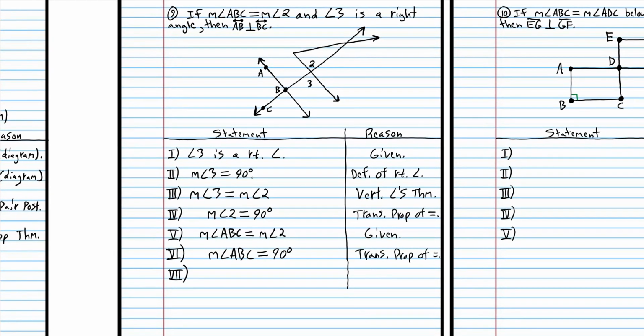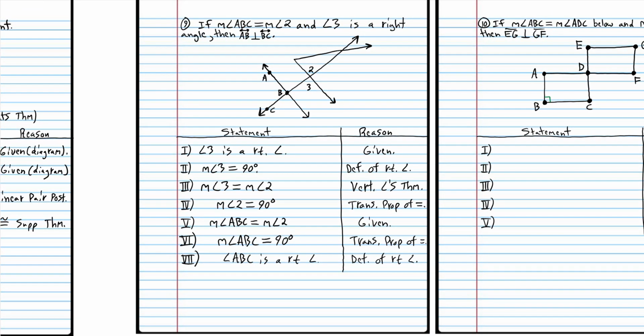Now that means that if measure of ABC is 90 degrees, that means angle ABC is a right angle. That's just the definition of right angles.